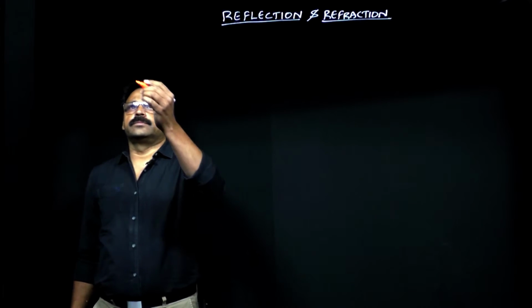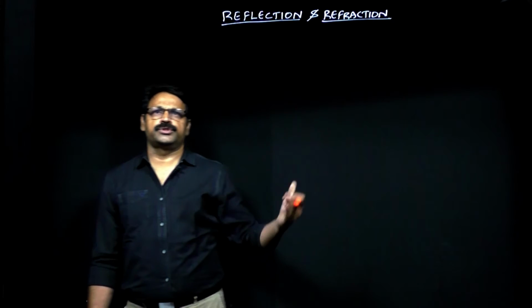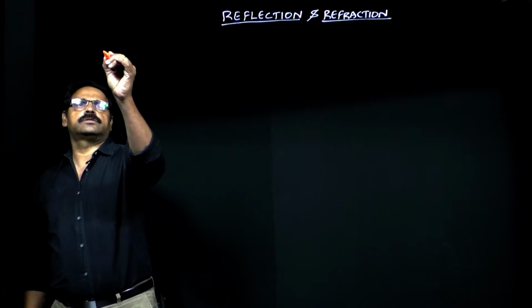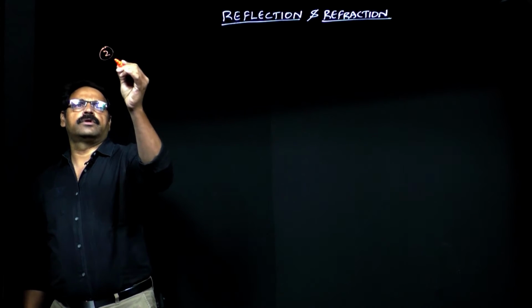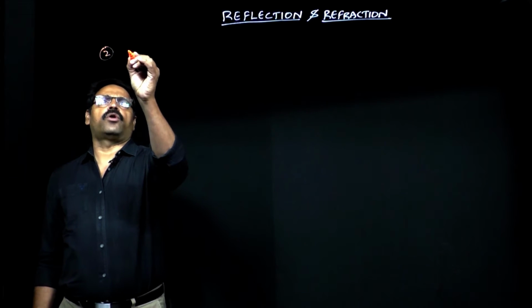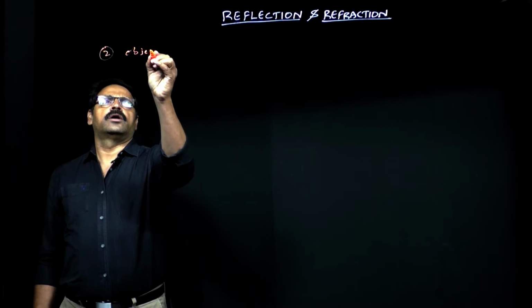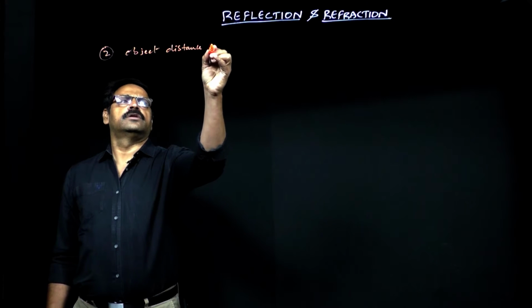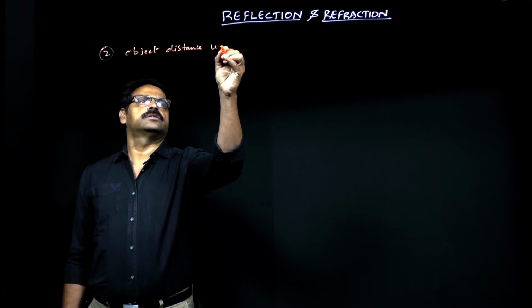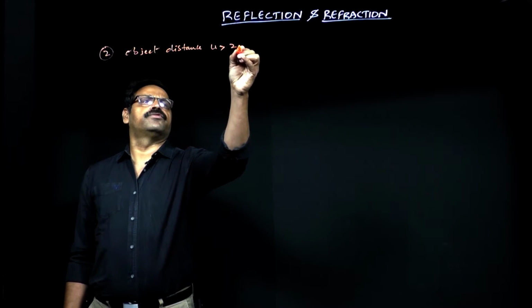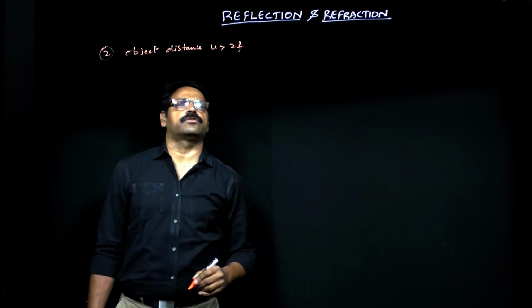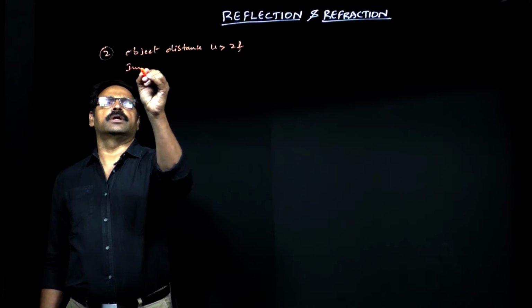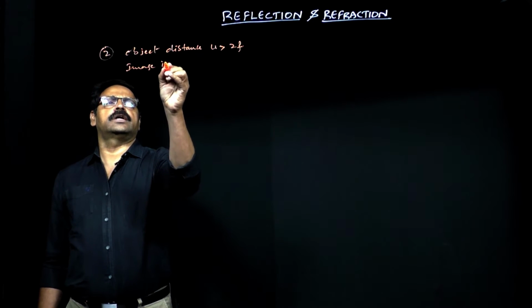Now we look at the other positions of the object and how the image is formed. We can think of the object at distance u greater than 2f, that means beyond the center of curvature.